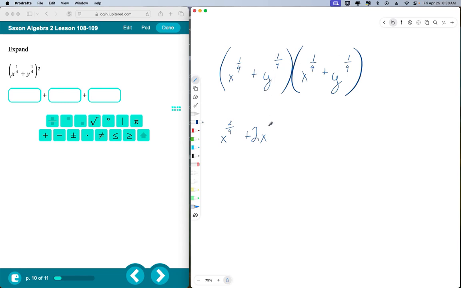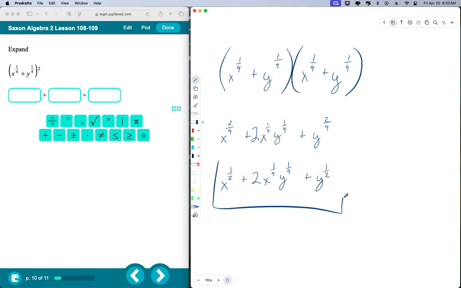So it'd be x to the 1/4, y to the 1/4, and this would be y to the 2/4. The only thing you would do differently would be reduce the fraction to 1/2. This would stay the same because there's 2 of them. Reduce the fraction again. That would be your answer.